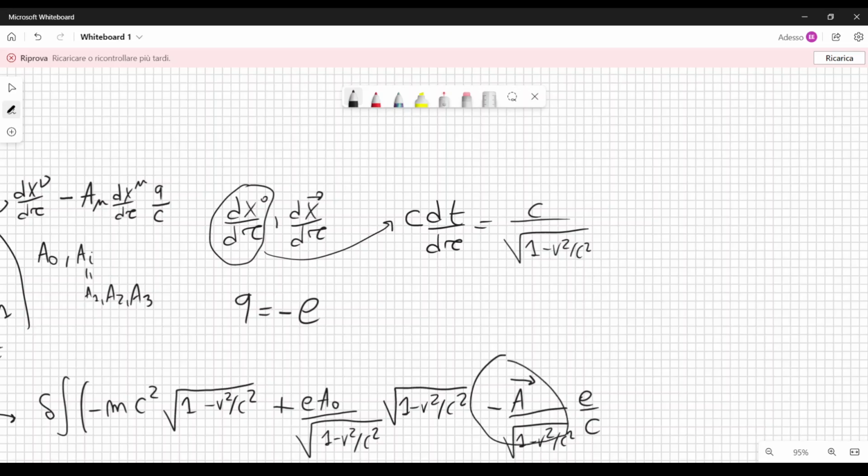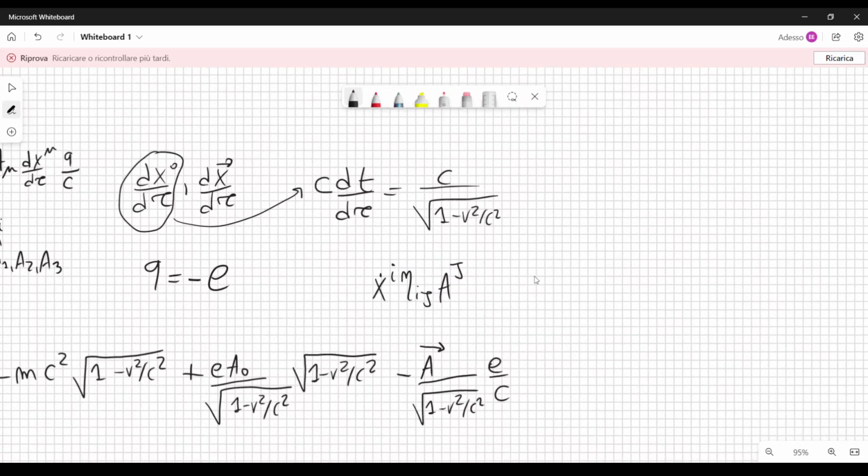So this part comes from the fact that I have x dot i, epsilon ij aj. I can rewrite it like this, right? Because this is equal to x dot i ai, but this will be minus x dot product a, like this.